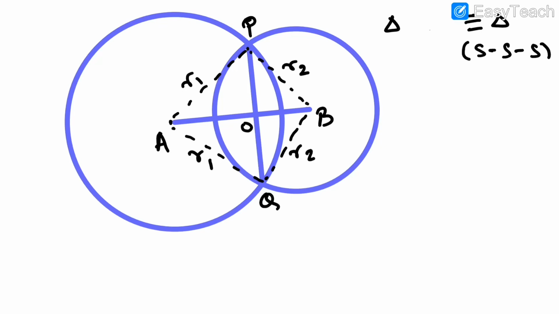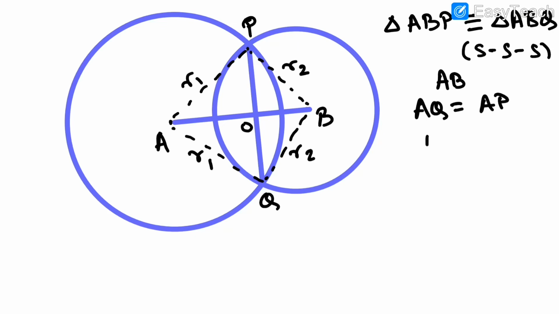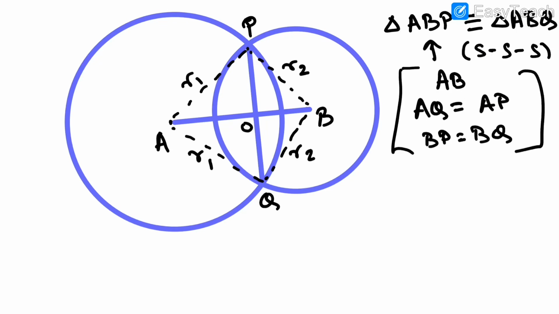Names of it is ABP and ABQ based on side, side, side. Common side AB and AQ equals AP and BP equals BQ. This is how we have come to the conclusion that triangle ABP is congruent to triangle ABQ.